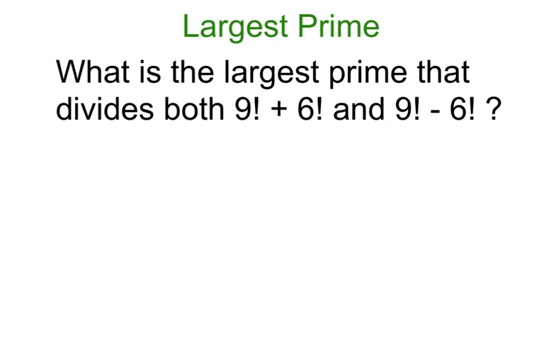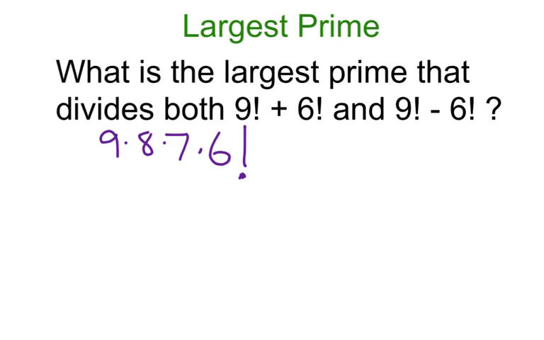So 9 factorial plus 6 factorial we could write as 9 times 8 times 7 times 6 factorial. I can cut that off there, and that just means that I'm getting lazy and I don't want to put 6 times 5 times 4 times 3 times 2 times 1.